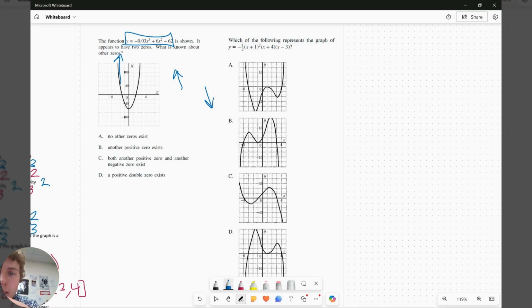So we know that this side will have to turn eventually and come back down. It would go down forever as its end behavior. So there will be another 0. There's not going to be 2 zeros, there's only going to be one of them. And again, it's not a double 0. It's just one. There's going to be another 0 that exists. We know it's positive because it's on the right side where the positive values are.